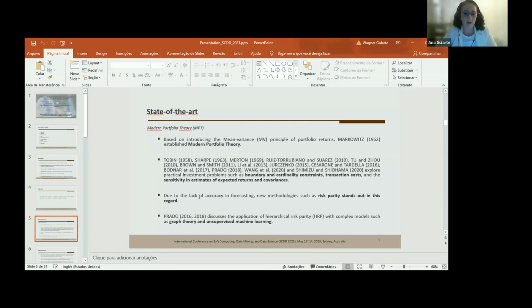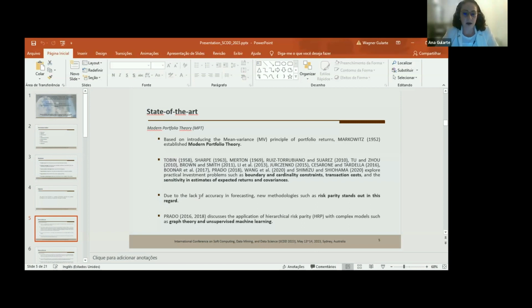State-of-the-art modern portfolio theory. Based on the mean-variance principle of portfolio return, Markowitz, 1952, established modern portfolio theory.